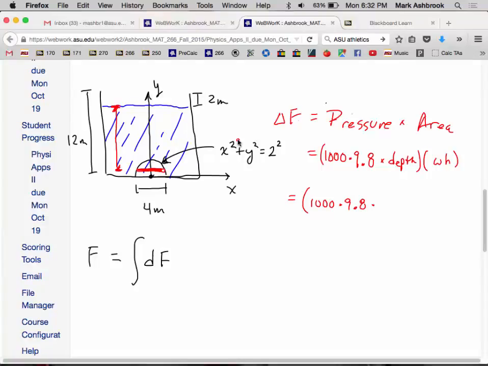Some people are saying 10 minus y. So let's see. From here to here is our y coordinate. That little piece right there. From the origin up is y. And then from the origin all the way up to here is 10. So I think I agree with 10 minus y.